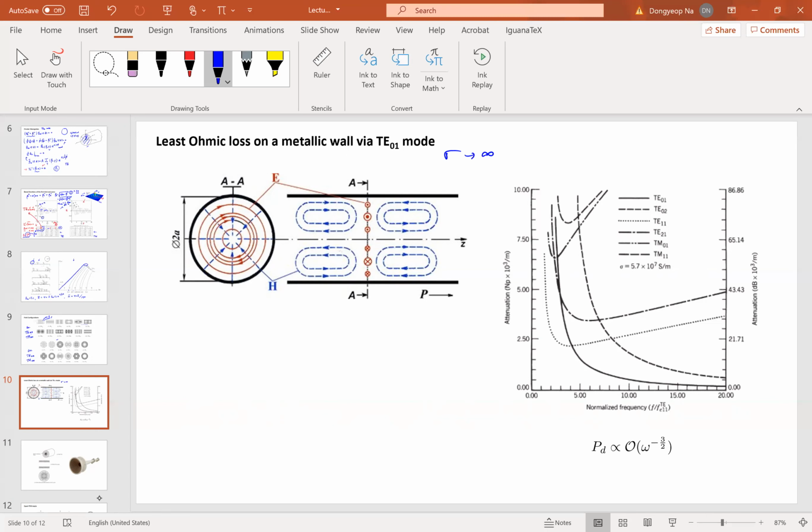On the other hand, in practice, for example, copper and aluminum have some finite conductance value, so we have some ohmic loss while operating those metallic hollow waveguides. So I'm gonna explain the brief mechanism of this ohmic loss of the metallic waveguide.